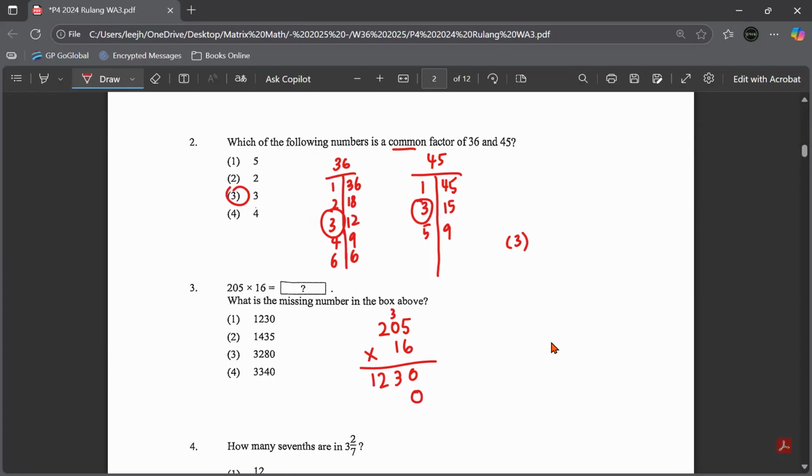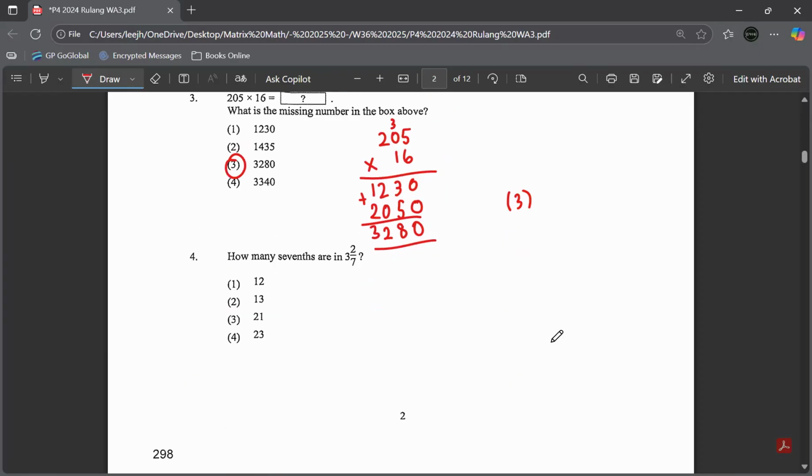So you multiply the top number with the tens place. 5 times 1 is 5. 0 times 1 is 0. 2 times 1 is 2. Add it up. The answer is 3280. Option 3.